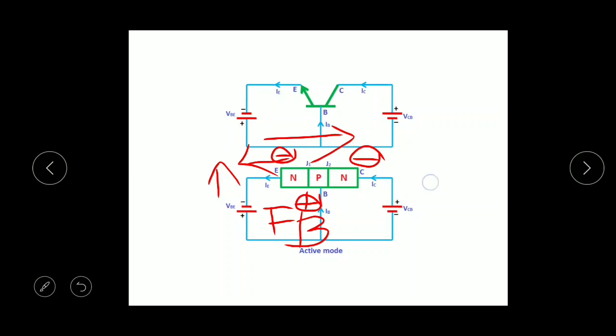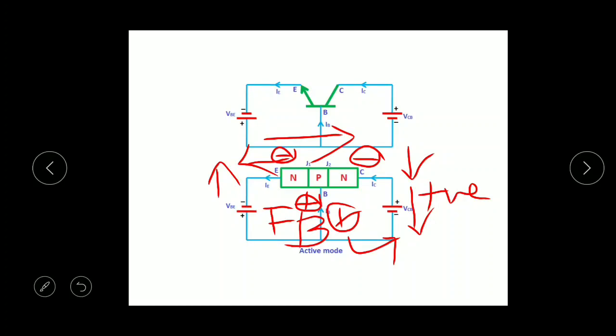The positive terminal attracts the negative region, and the negative charges connected to the base region also attract the positive charge toward the negative terminal.